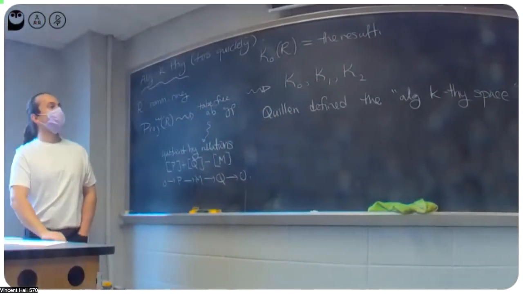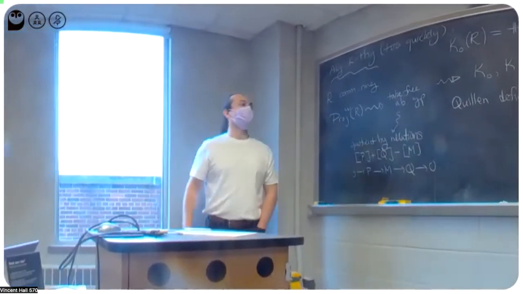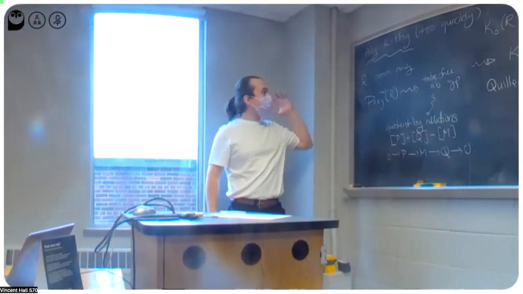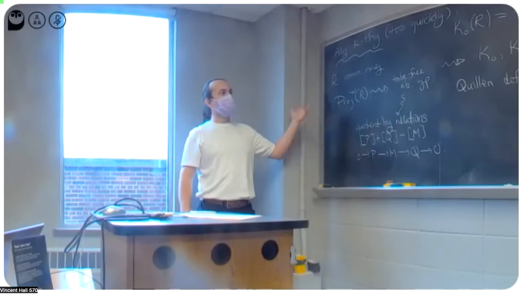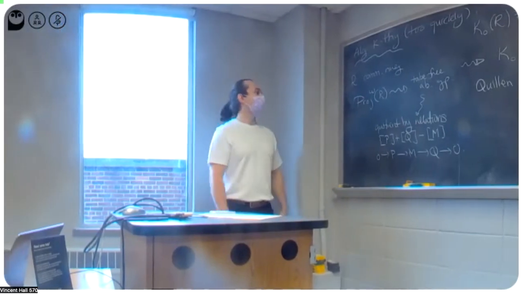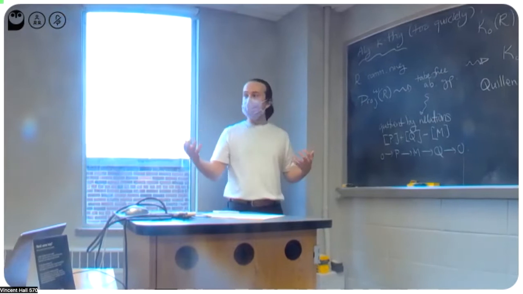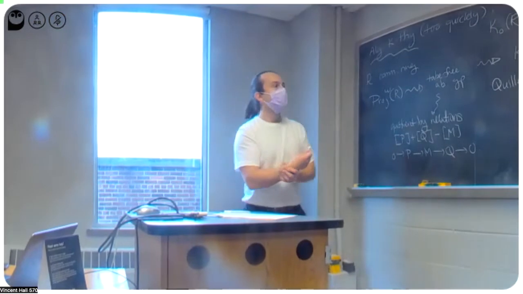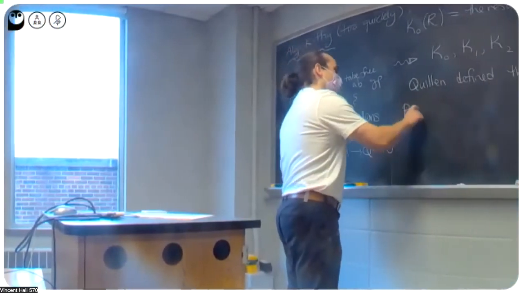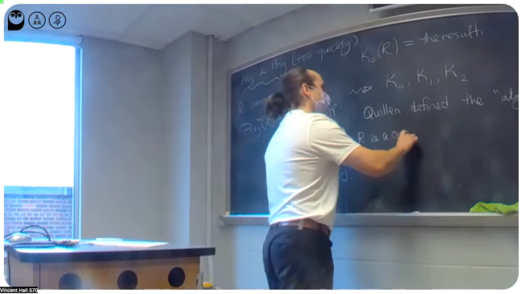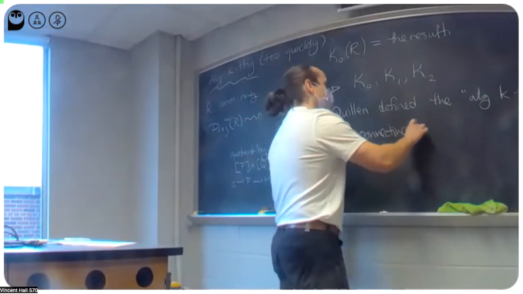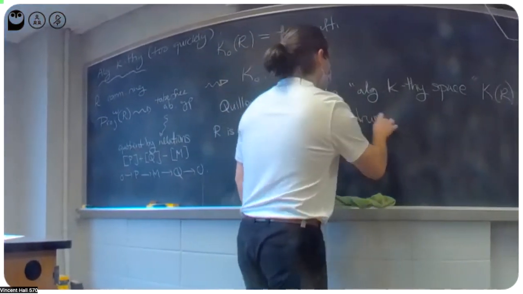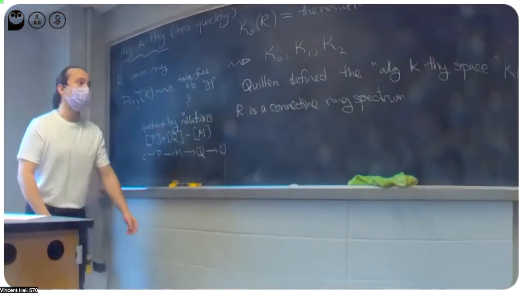And here is an ahistorical account of how you write this thing down. It's almost exactly the same procedure as what we wrote down here, except now I'm going to allow my objects to be a little bit more fancy, because that's what we need later on down the line in this talk. So we're going to say that here R is a connective ring spectrum, which means that there are no negative homotopy groups.